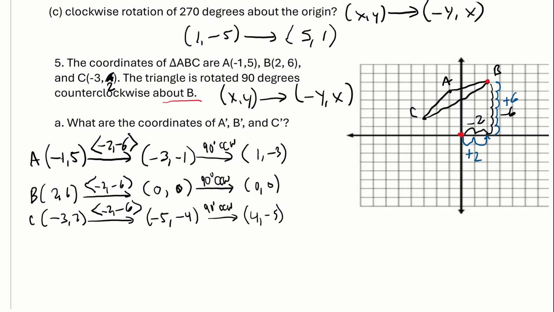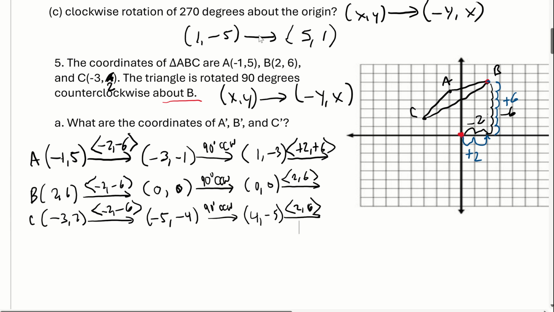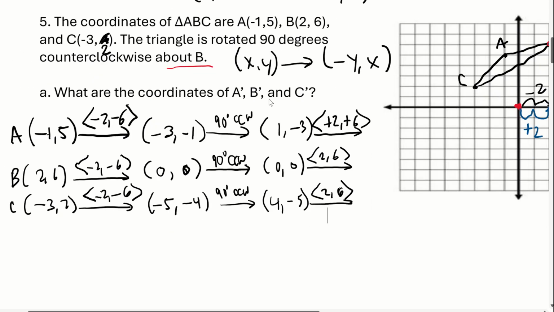And that'll take B and put B back where it was. So we got to do +2, +6. You don't have to put the pluses there. I just did that for emphasis because they're positive anyways.